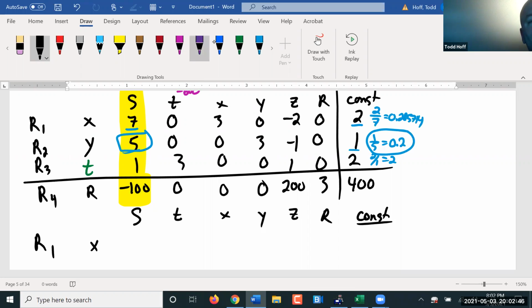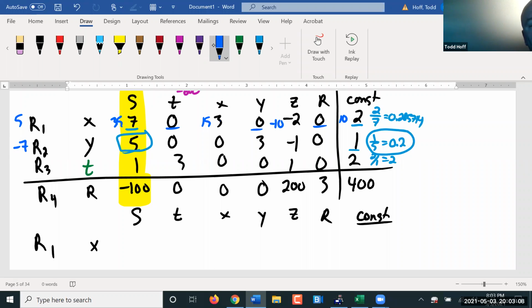So I'm going to multiply row 1 by 5 and row 2 by negative 7. Again, I want to keep row 1 positive because that's the row I'm replacing. So multiply by 5. 7 times 5 is 35. 0 stays. 3 times 5 is 15. 0 stays. Negative 2 times 5 is negative 10. 0 stays. 2 times 5 is positive 10.